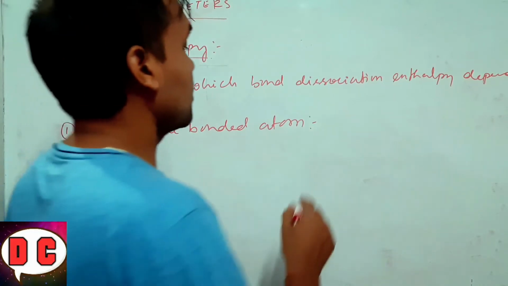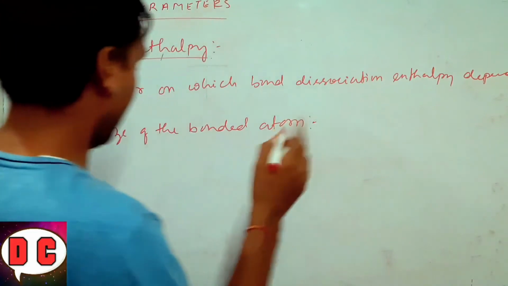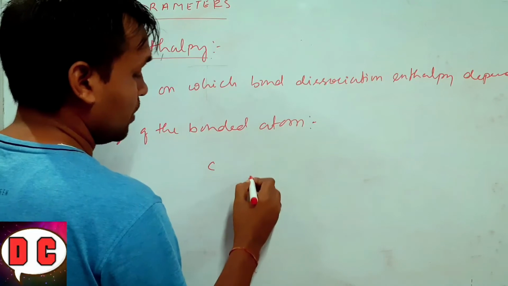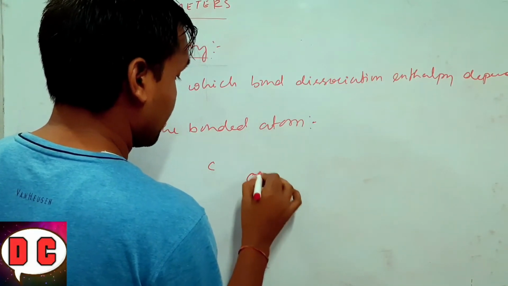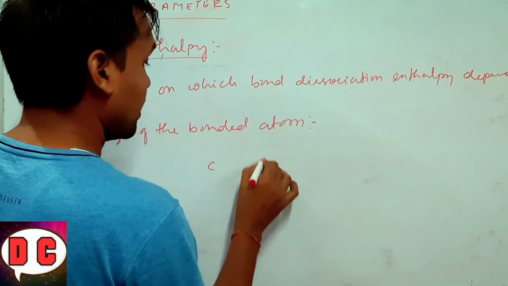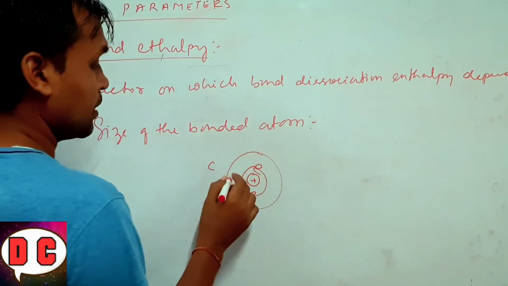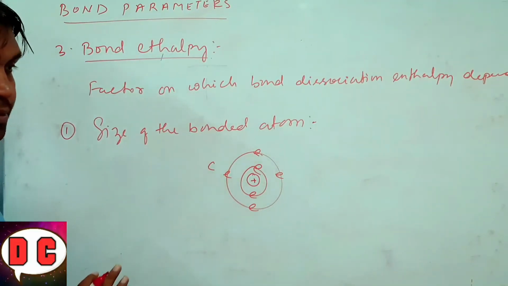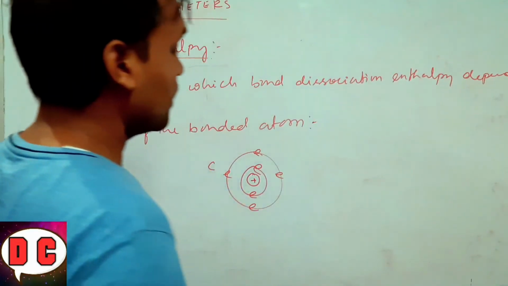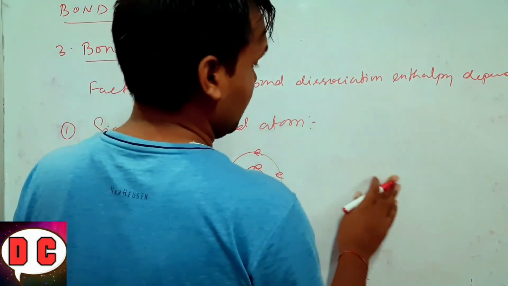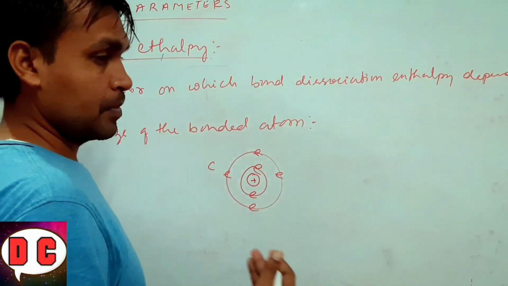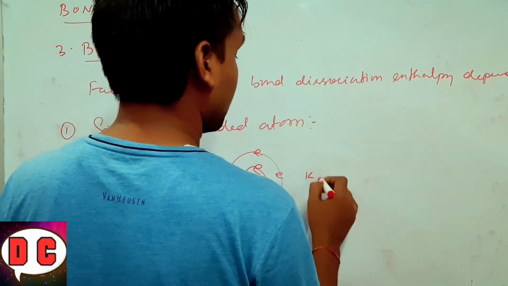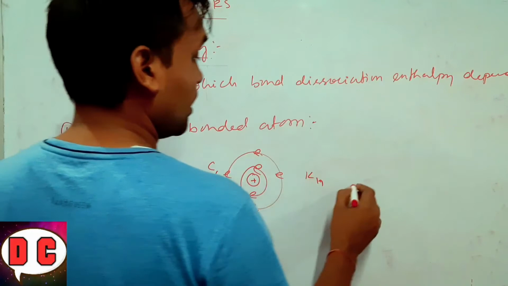Fine. So I'll explain. Suppose you have taken carbon. If you see the structure of carbon, atomic number 6, there are 2 electrons here and 4 electrons outside. Now let's take another example, potassium, K. Atomic number is 19.